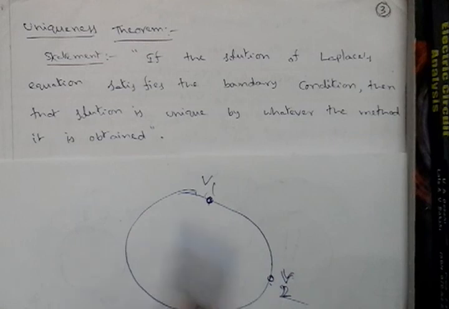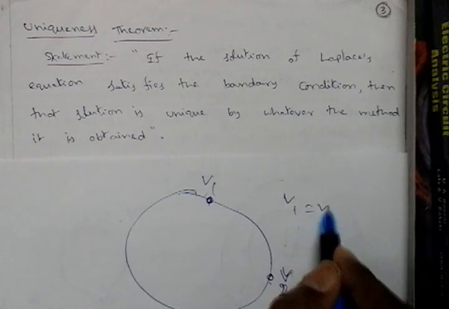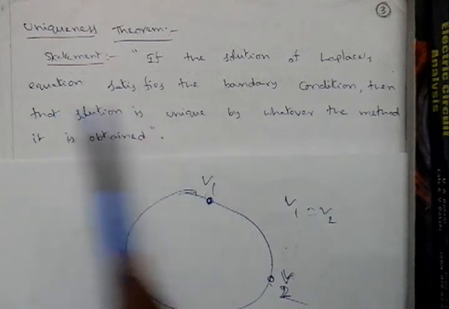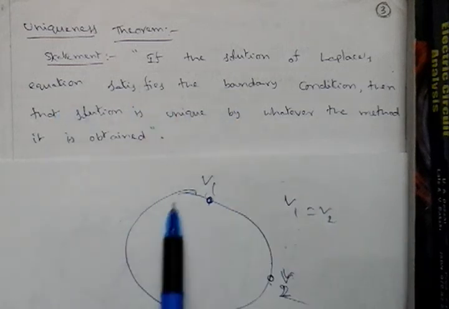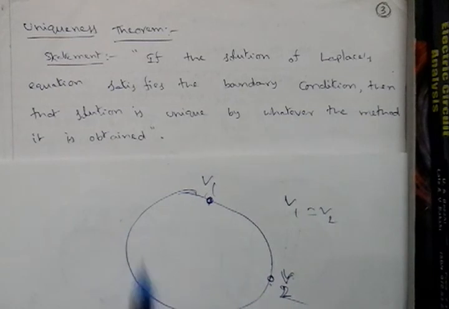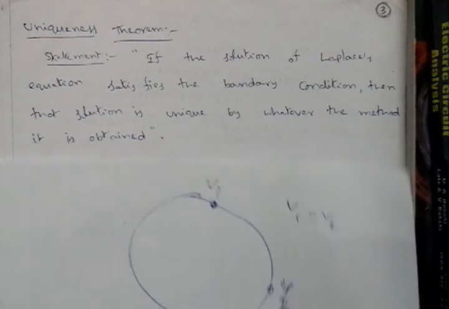That means these two values V1 and V2 must be equal, that is V1 is equal to V2. That means if the solution of the Laplace equation satisfies the boundary condition, then that solution is called unique, whatever the method you apply to get this solution.